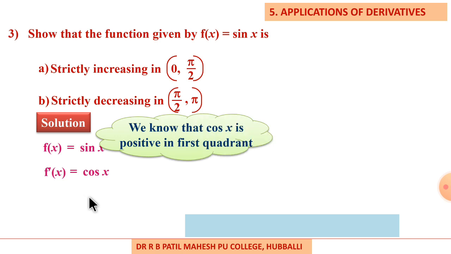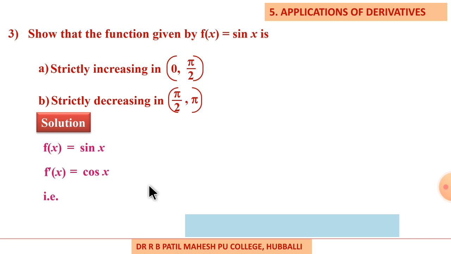Now, here we know that cos x is positive in the first interval. So is this cos x positive or negative in this interval 0 to 90? In the first quadrant, by using the ASTC rule, all the functions are positive. Therefore cos x is greater than 0 for all x belongs to 0 to pi by 2.